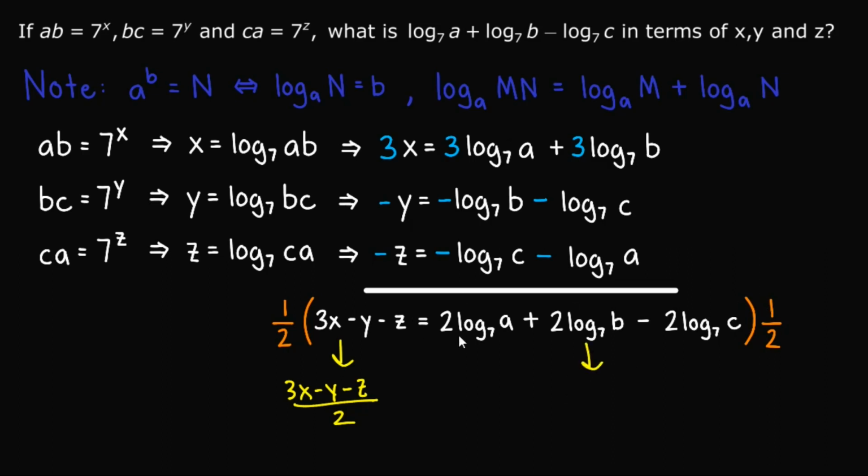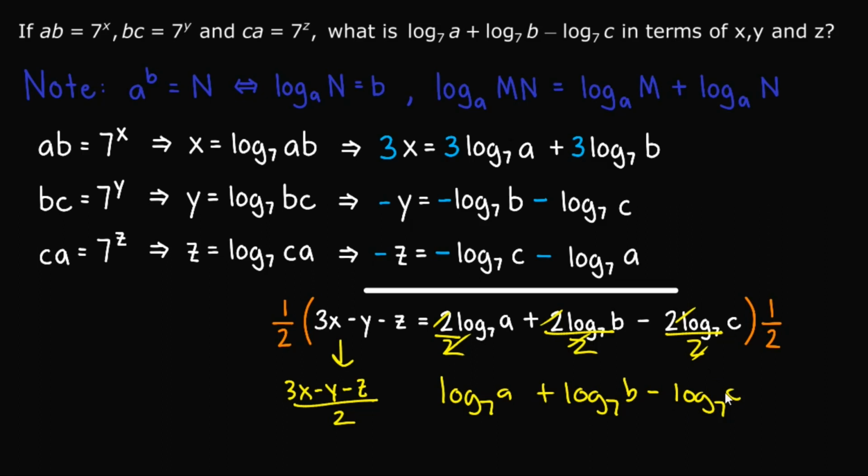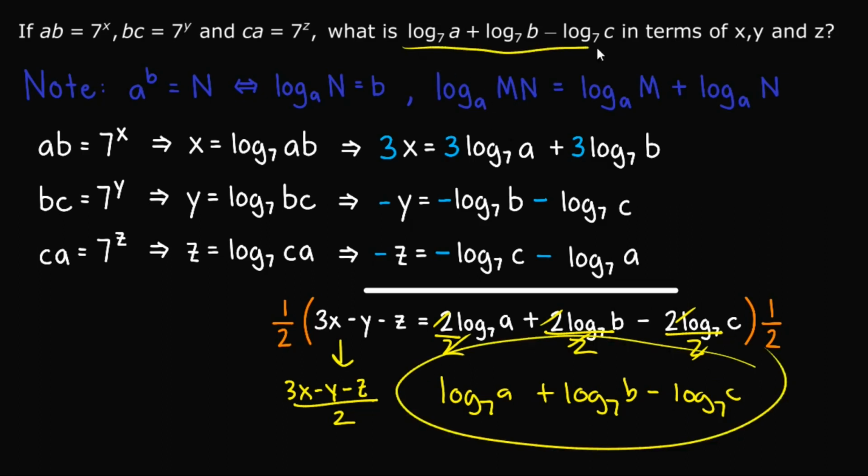So we just divide 2 in every term there to get log of a to the base 7 plus log of b to the base 7 minus log of c to the base 7. So this one is already the same as what we want to get.